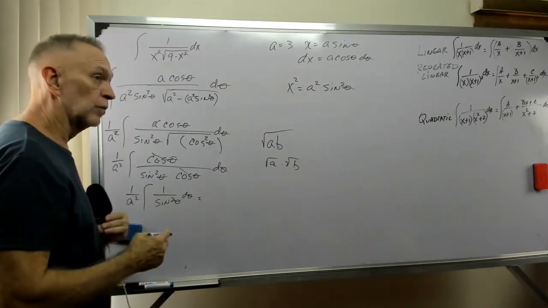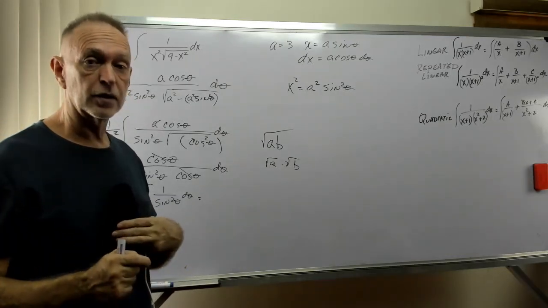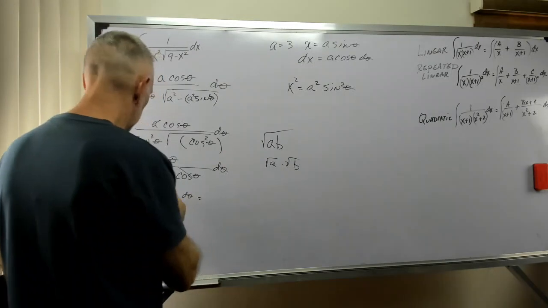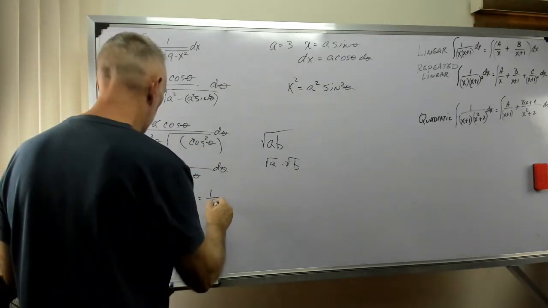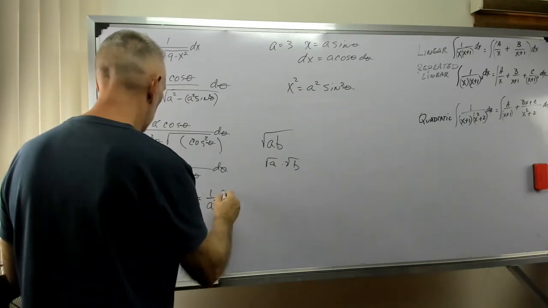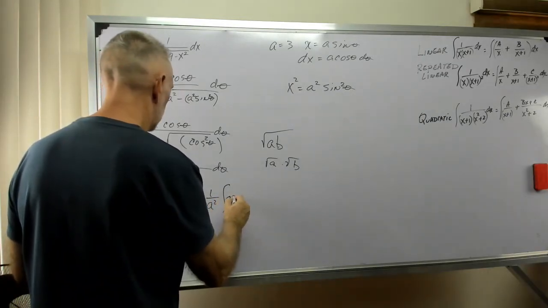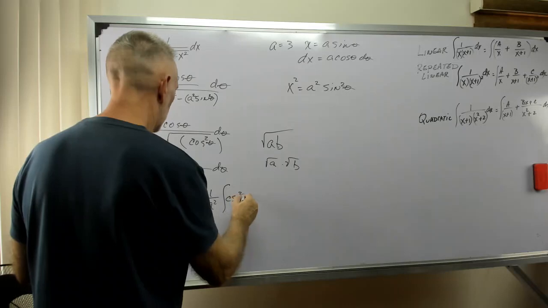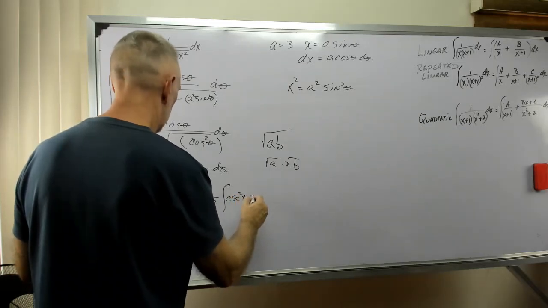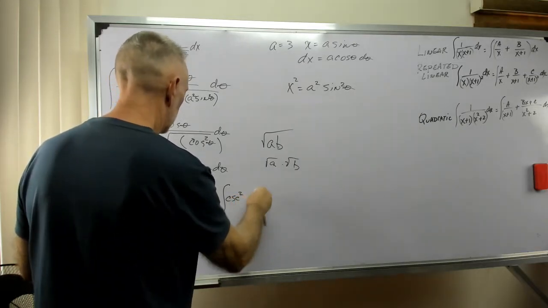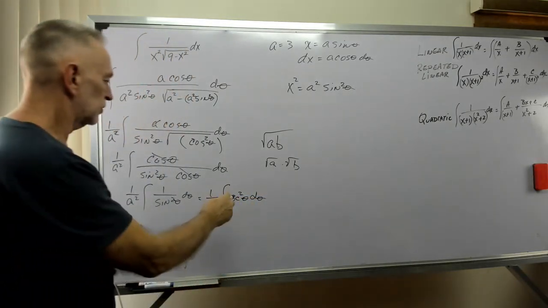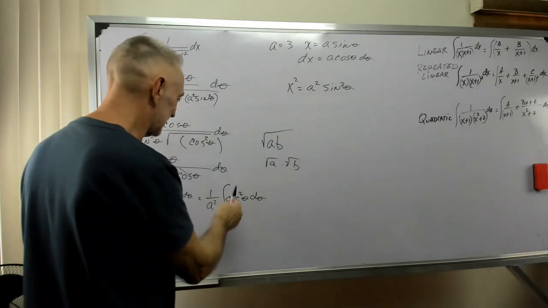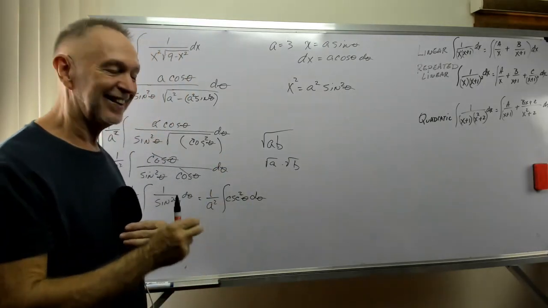Well, 1 over sine is what? Cosecant. So 1 over sine squared is cosecant squared. So I have 1 over a squared, the integral of cosecant squared theta d theta.